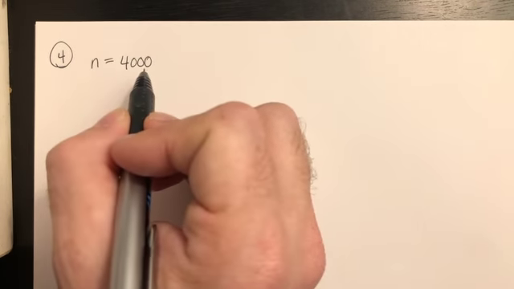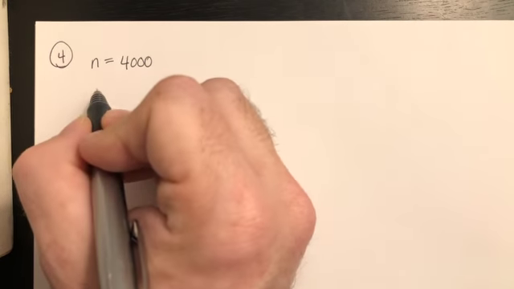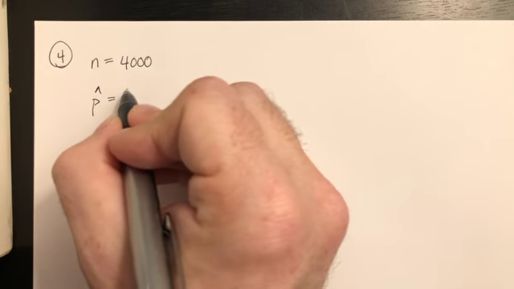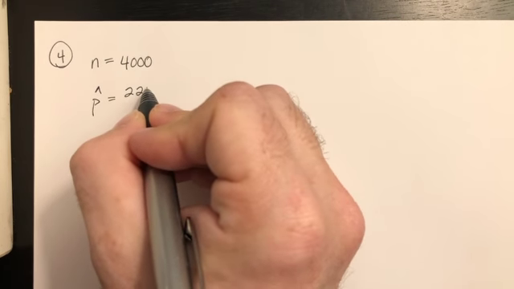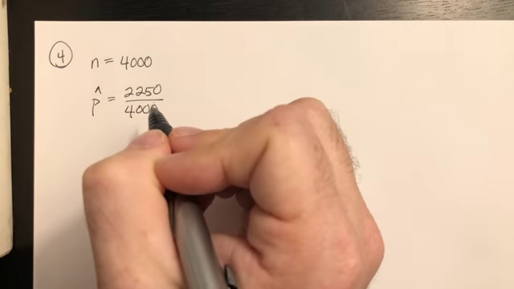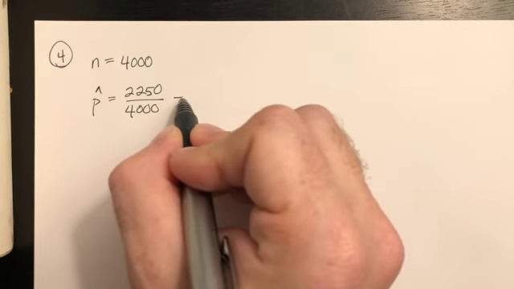So N is 4,000. Somebody sampled 4,000 citizens, and 2250 agreed that we should have gun control legislation. That's the point estimate.